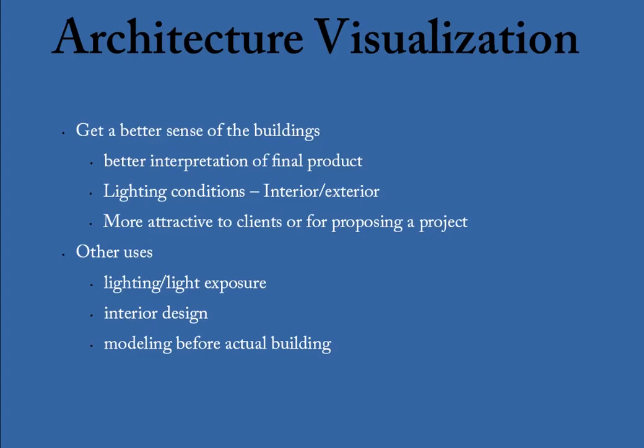We could play around with certain things like lighting. What would a room look like during the day versus what would it look like at night? We can change the interior lighting settings and the exterior lighting. How is this building going to look? What is this room going to look like on the south side of the building with all the light coming in through?